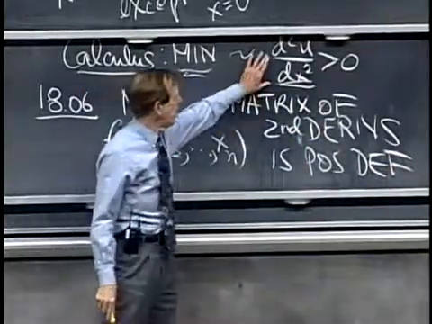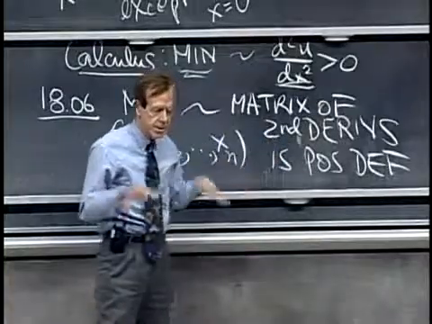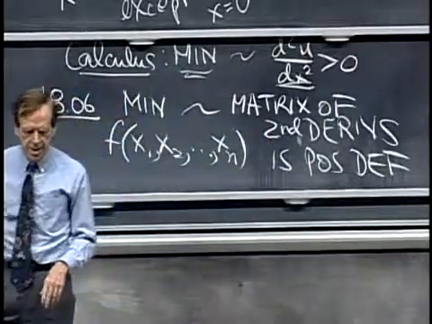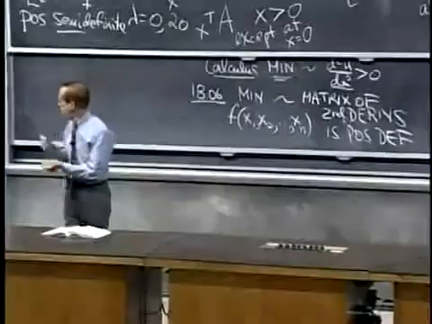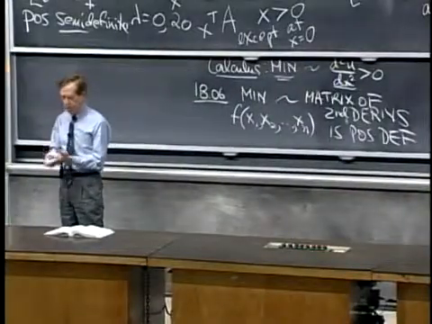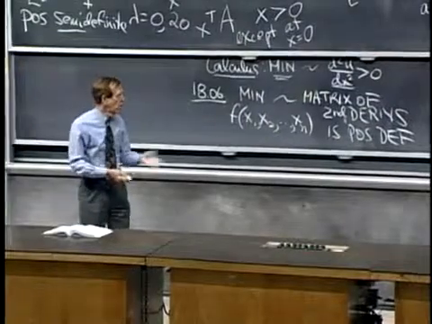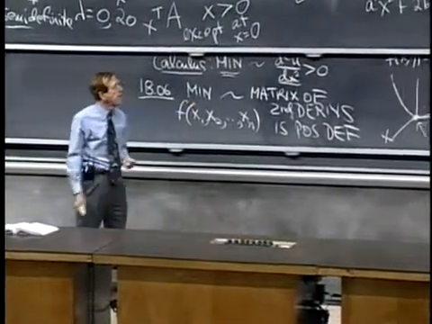So positive for a number translates into positive definite for a matrix. And it just brings everything together. You check pivots, you check determinants, you check eigenvalues, or you check this minimum stuff.